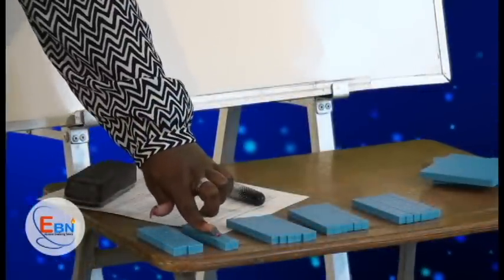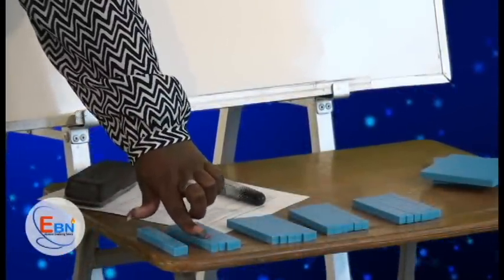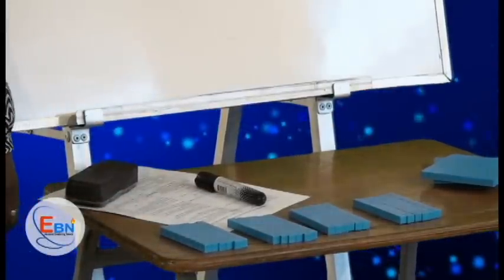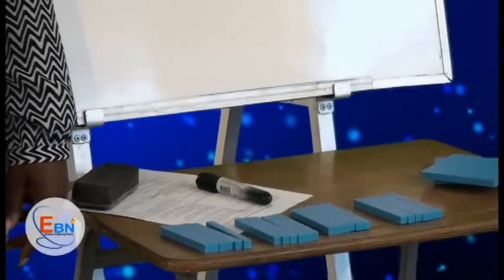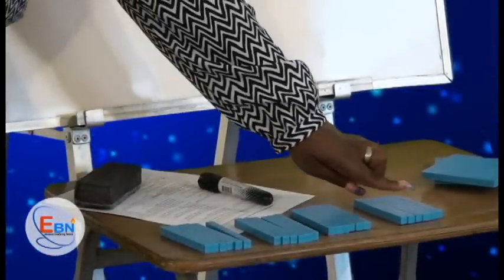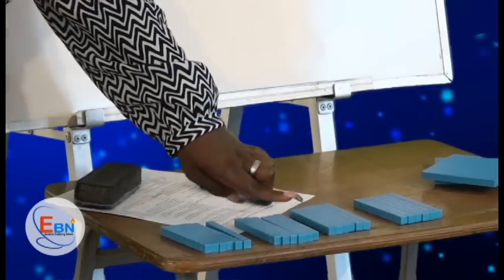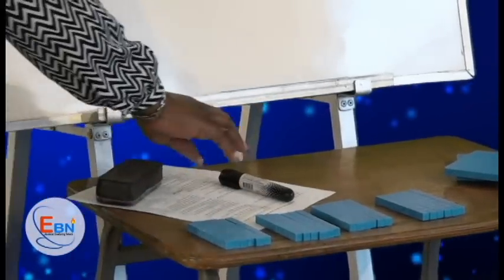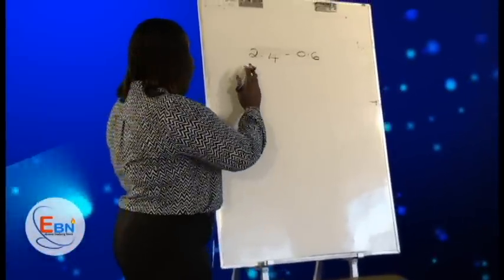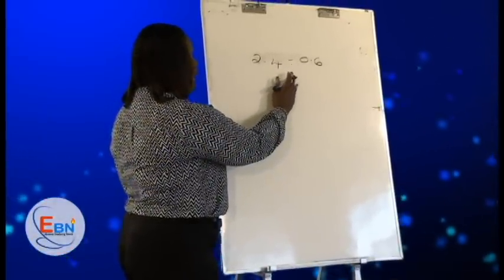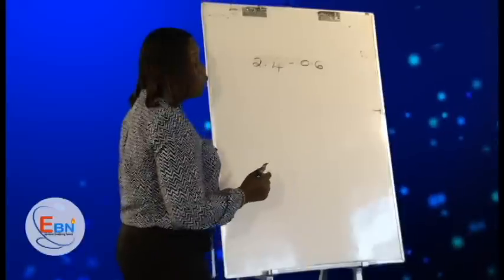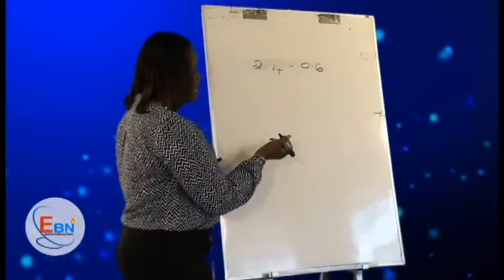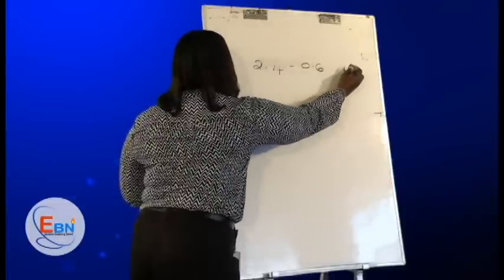Another group of 6/10. What this means is that we have 1, 2, 3, 4 groups of 6/10. Therefore, 2.4 divided by 0.6 or 2 4/10 divided by 6/10 equals 4.